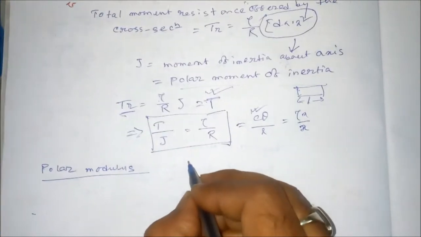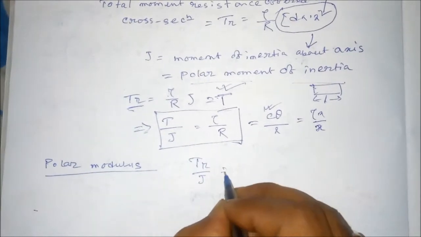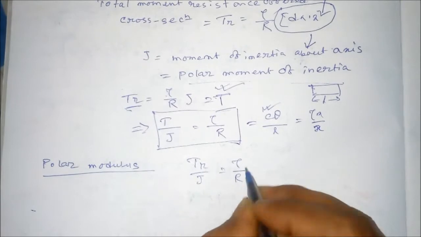Now we have one equation, that is T/J = tau/R.